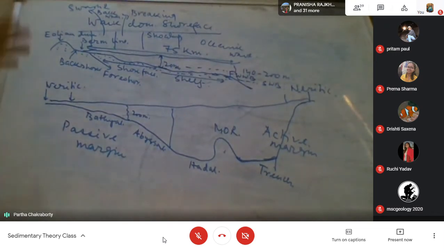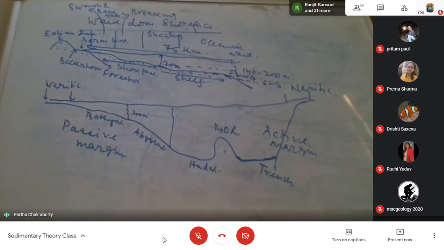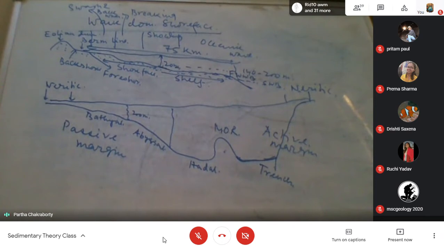Whenever we draw a figure, it is a simplistic figure, because nature is not so simple. I will tell you in different cases how nature varies from this figure. We try to make it simple so that people can understand the different processes, the different geomorphic settings, and all this.